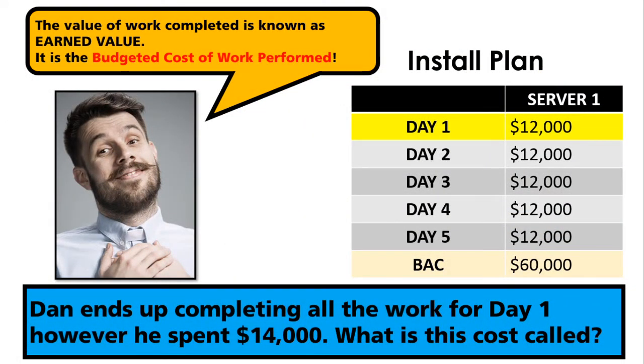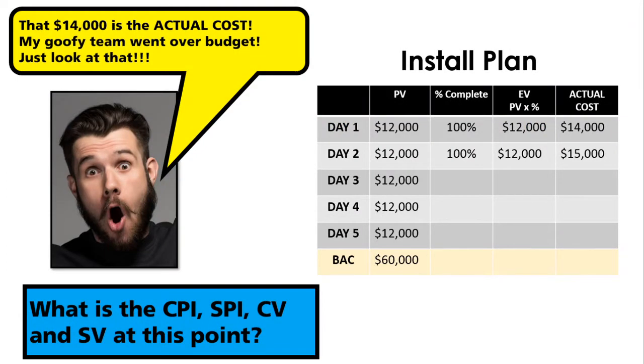So Dan ends up spending $14,000 to get $12,000 worth of work done. That $14,000, what's it called? You should know by this stage that this is actual cost. That $14,000 is the actual cost. Apparently his team went over budget. He's not very happy.